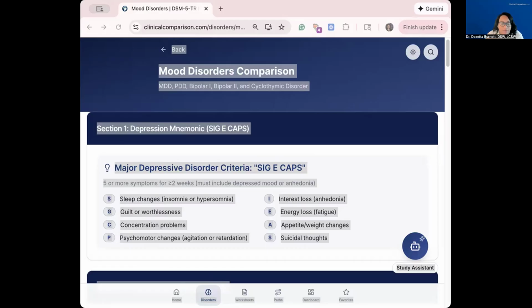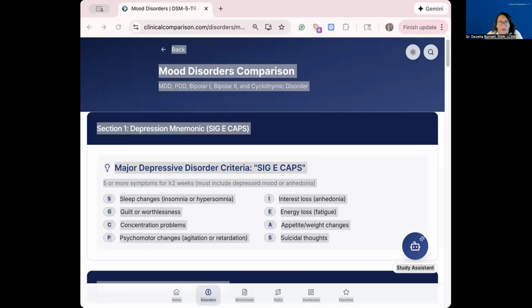And so when you click through the other disorders, let me take you there so you can just have a look. Sorry, it's super big. I have every disorder, right? So there's psychotic disorders, personality disorders, mood disorders, which we just went through, feeding and eating disorders, anxiety disorders, trauma and stress related disorders, disruptive and impulse control disorders, neurodevelopmental disorders, and substance use.